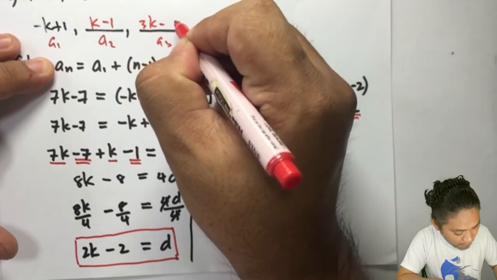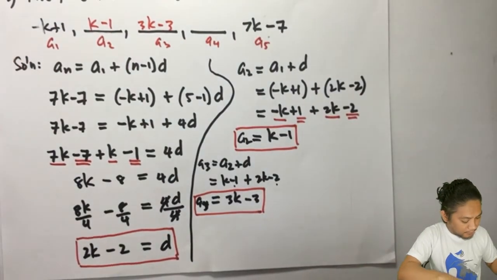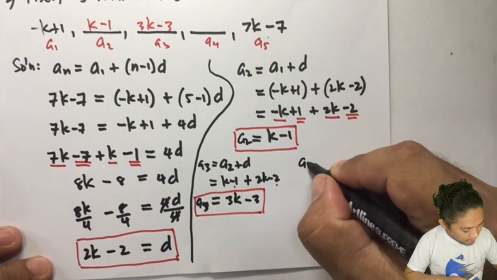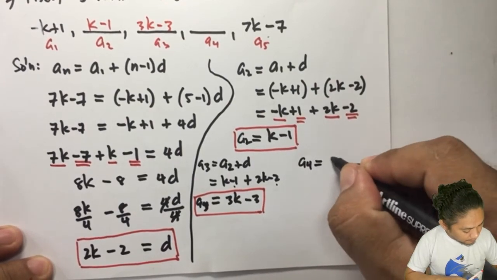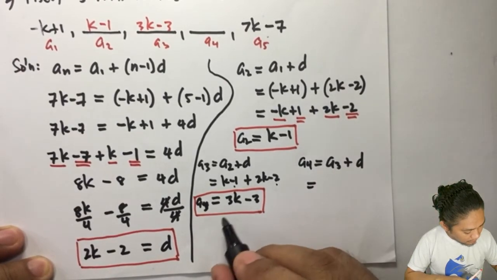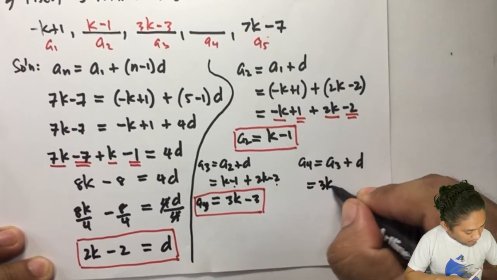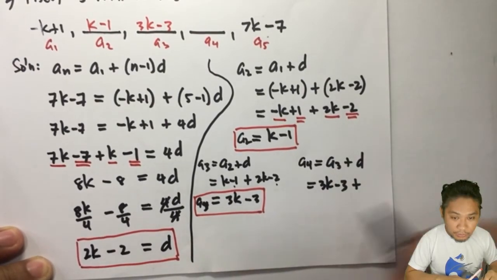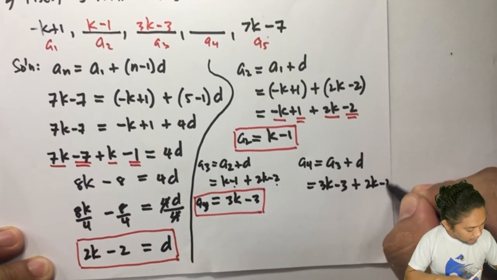To solve for the fourth term, that's a sub 3 plus d, and our a sub 3 is of course right here, 3k minus 3, and our d is 2k minus 2.